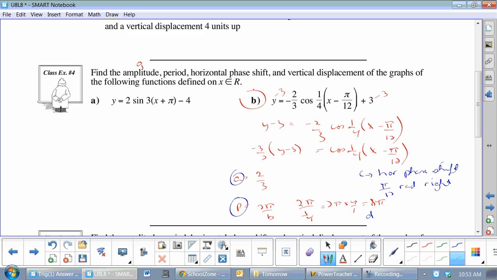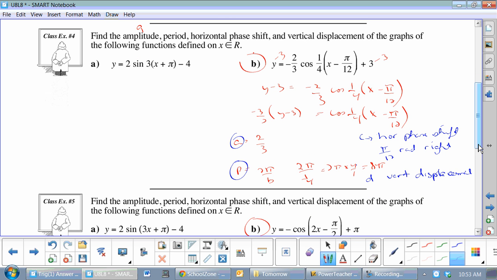So D is a vertical displacement, it would be 3 units up, because it is a positive following a, right? Because it's a positive. Okay.